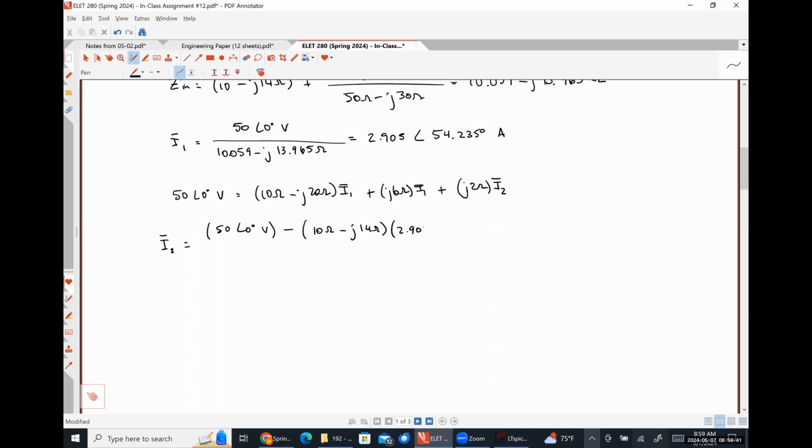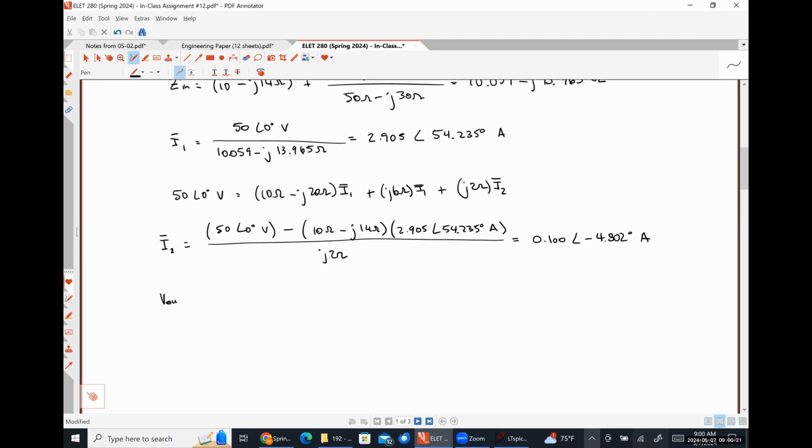I1 is 2.905 angle 54.235 degrees amps. Divide all of that by J2 ohms. And we should get I2 comes out to be 0.100 with an angle of negative 4.802 degrees amps. Yep, just because that's what the mutual inductance happened to be.